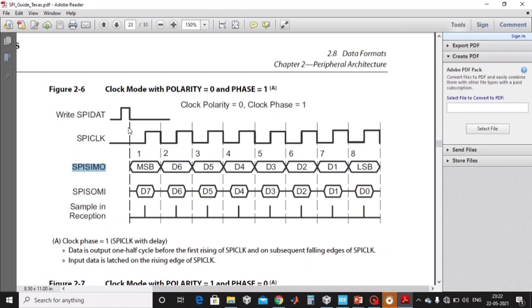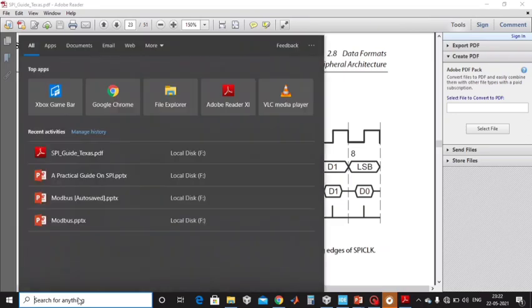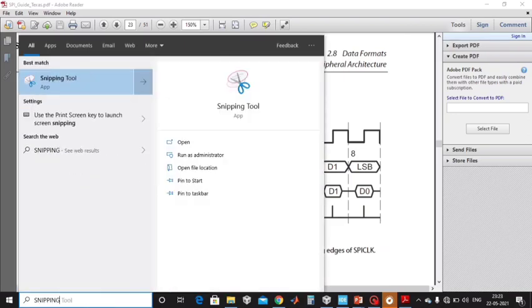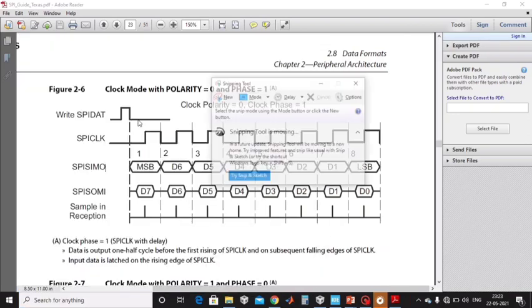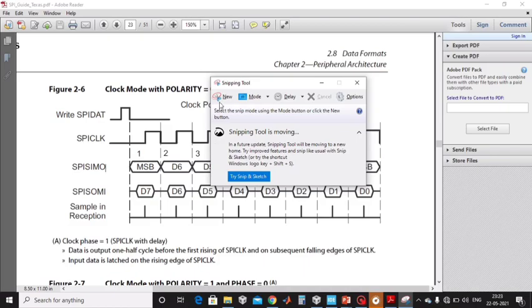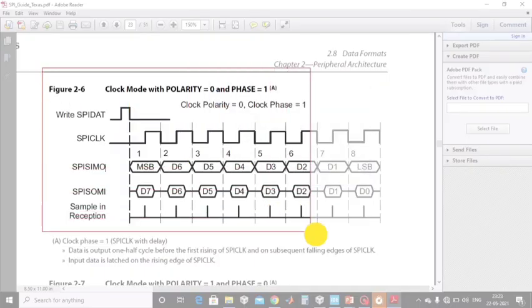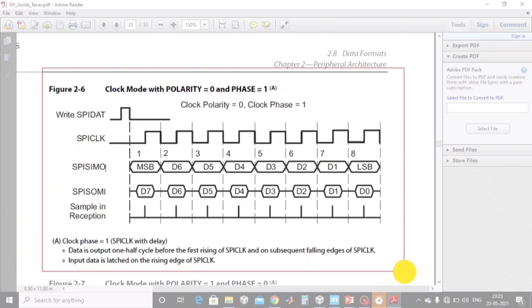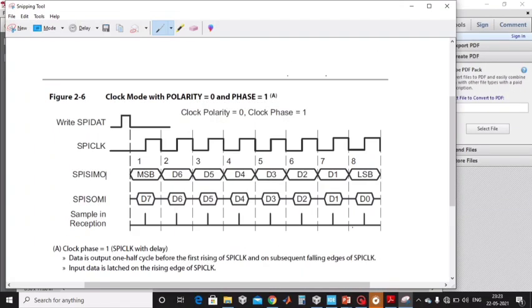Let's take this image into Paint so it will be easy for you to understand this point. Let's see this example more closely.